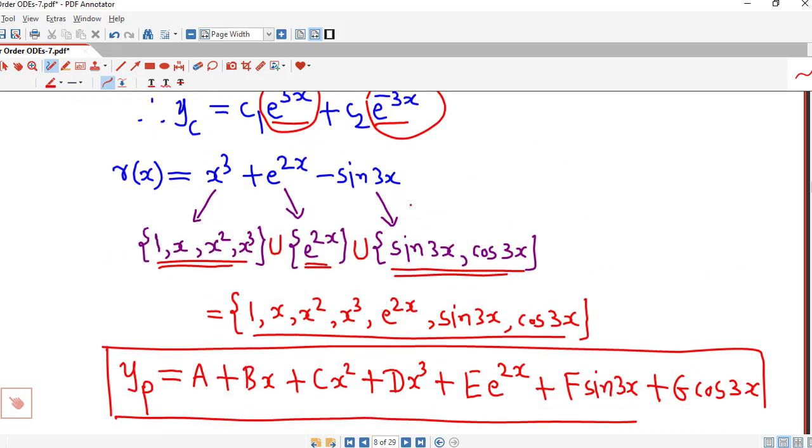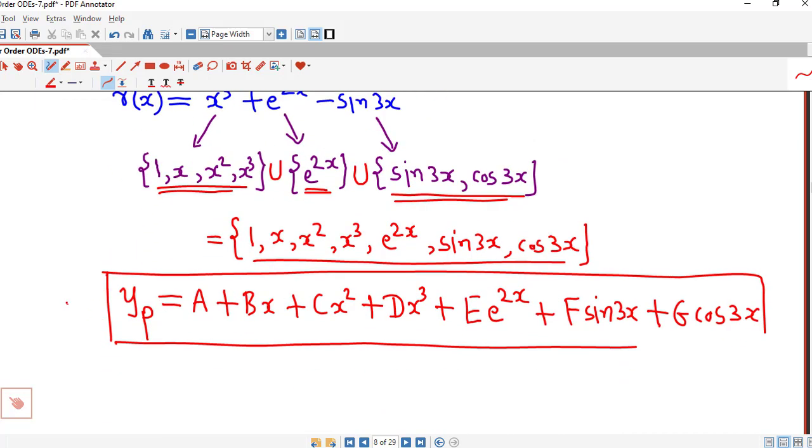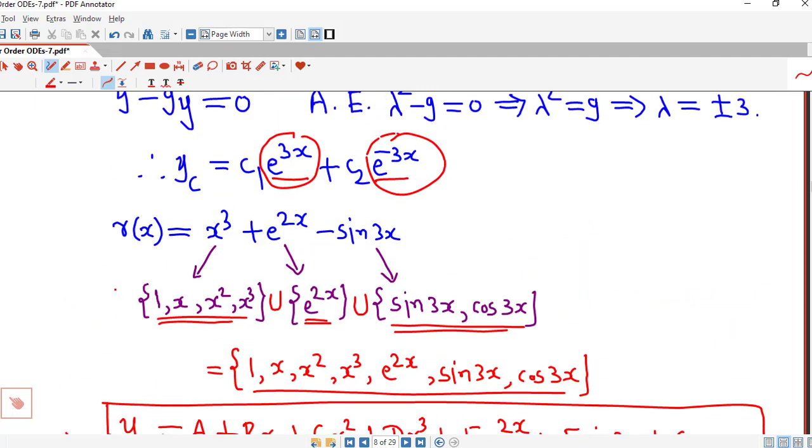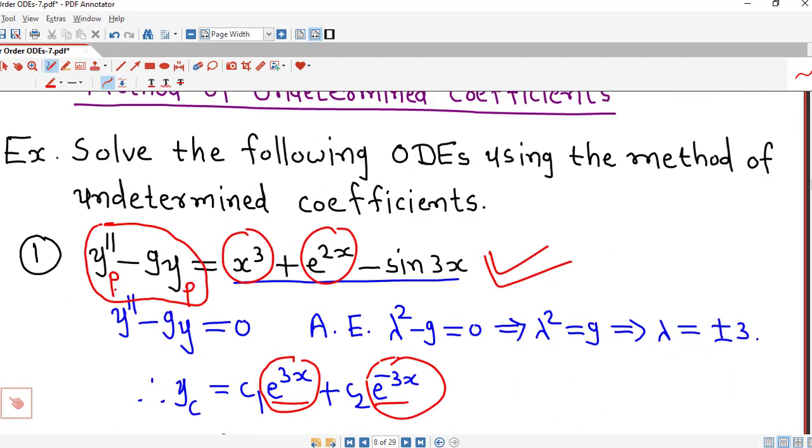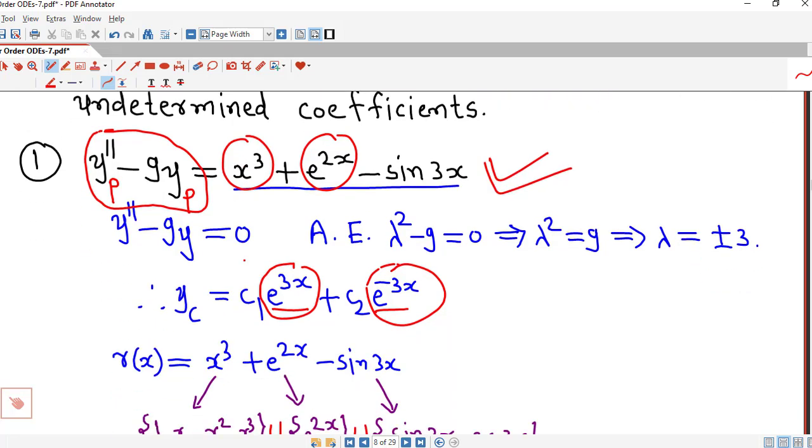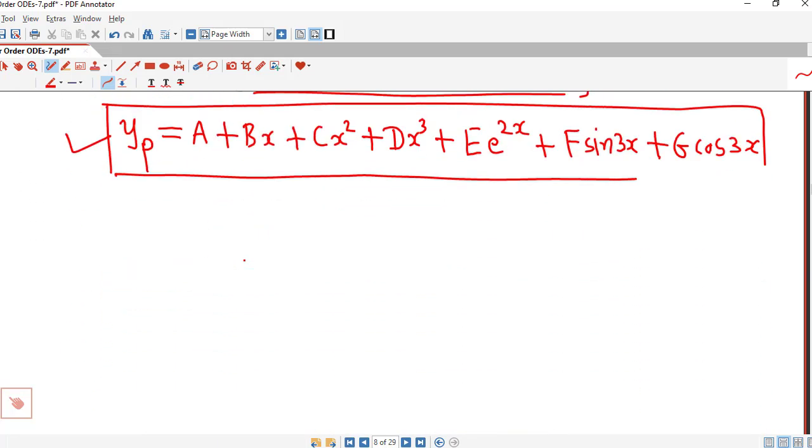So I am not doing all those calculations. The purpose of this lecture is just to discuss how to select the proper particular integral for a given non-homogeneous equation.